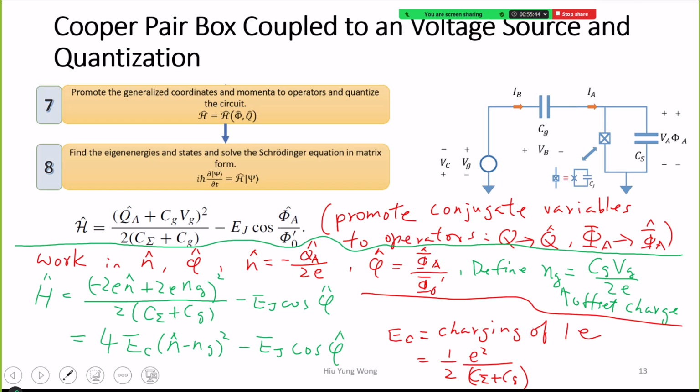But the main point is that it is the same, so what we did earlier can be reused. That's my message. So here we have the Hamiltonian of the Cooper pair box coupled to a voltage source.